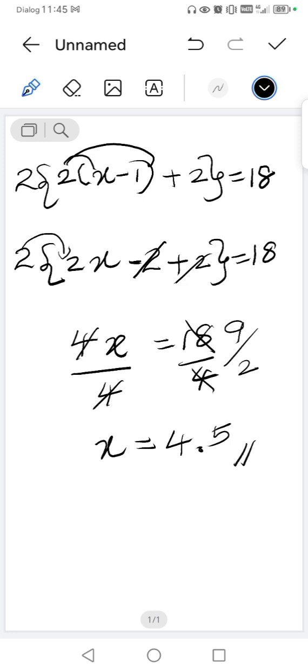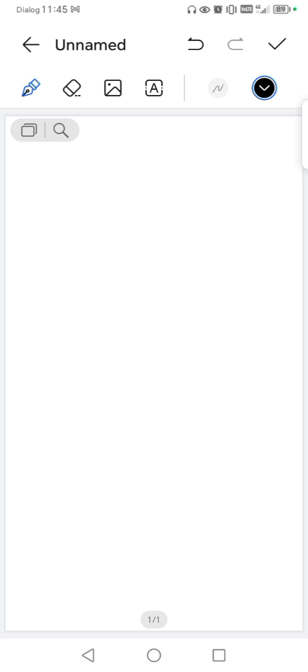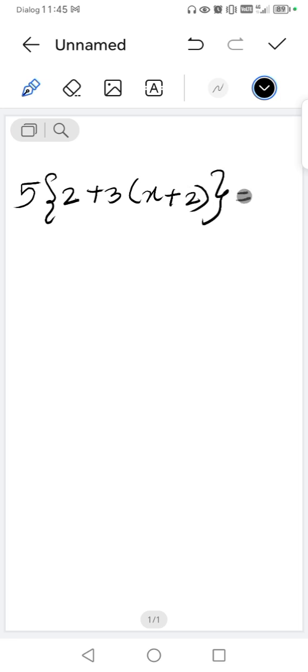Okay, so we will consider another example here. This one is also from the book. So I'm taking another question: 5 curly brackets 2 plus 3 and x plus 2, ending the parenthesis, then equals 10.